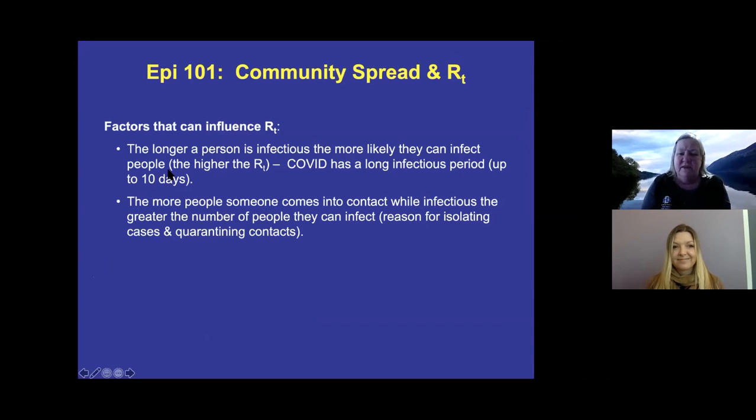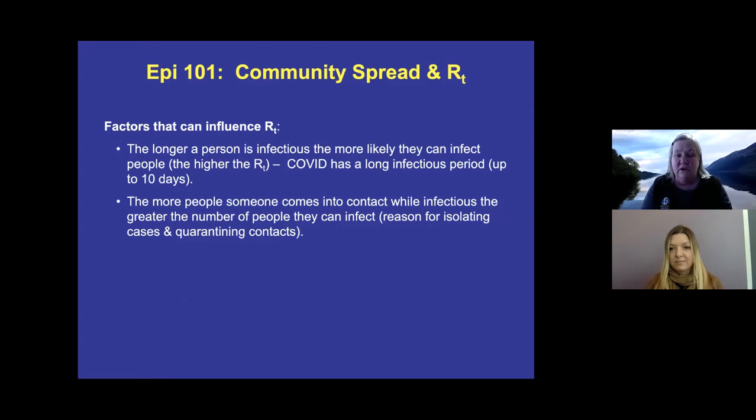So what are the things that we can do to keep this RT down? The longer a person's infectious, the more likely they can infect someone else. And COVID has a relatively long infectious period, and that's something you can't really change. But the more people that someone comes into contact with while infectious, the greater the number of people they can infect. And we can alter that.